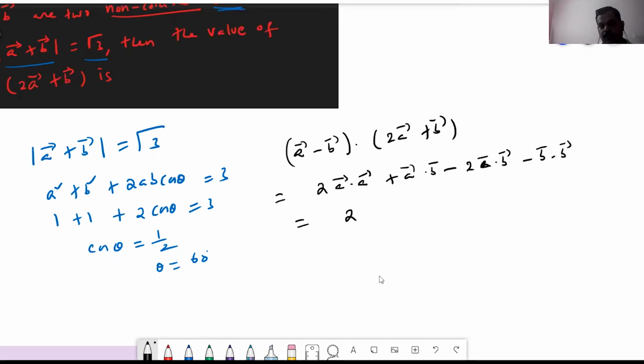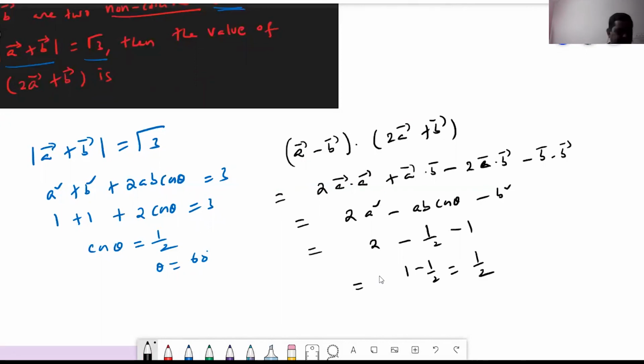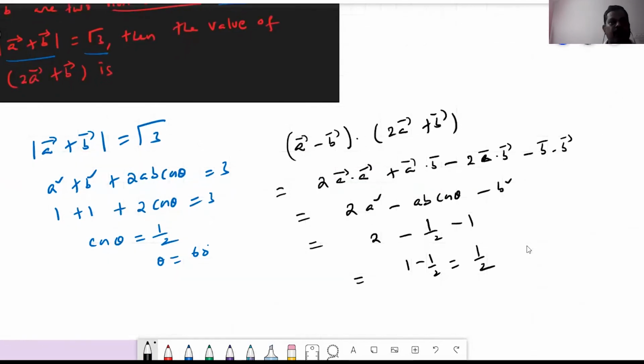So this is 2A square minus A bar dot B bar, because A bar plus B bar minus. So I can write AB cos theta minus B square. So again substitute the values. 2 minus cos theta, 1 by 2, AB is 1. So 1 by 2 minus 1. And this again I can write as 1 minus 1 by 2, nothing but 1 by 2. The answer for this problem is 1 upon 2.